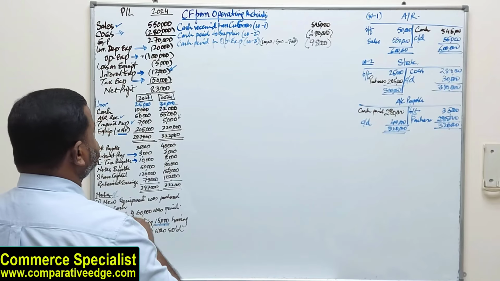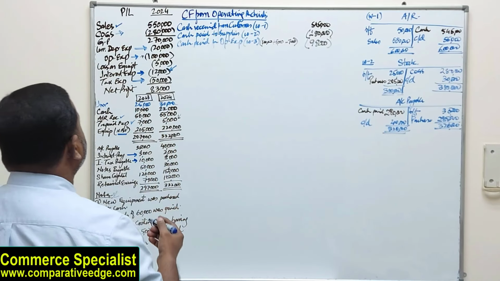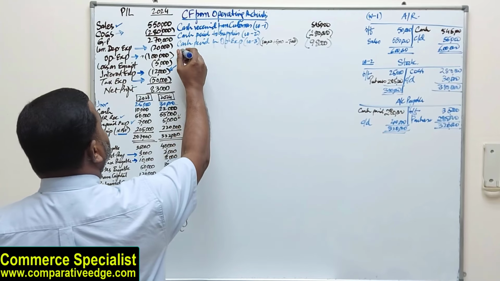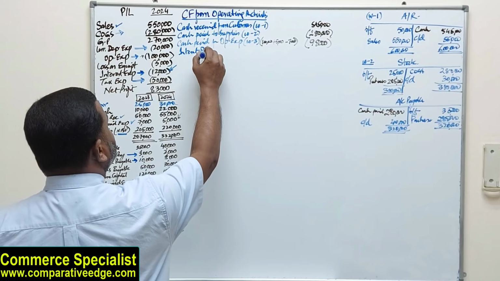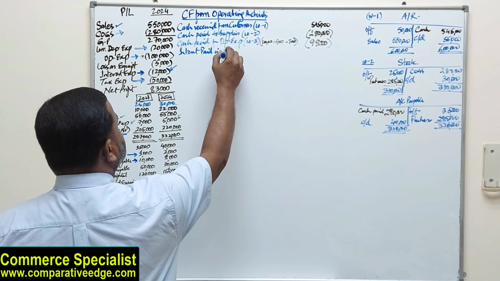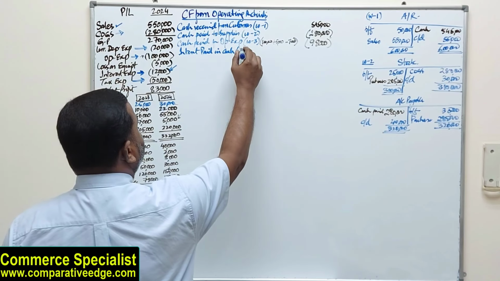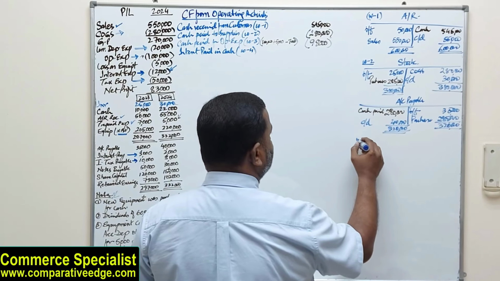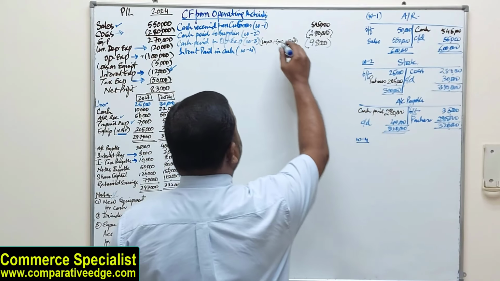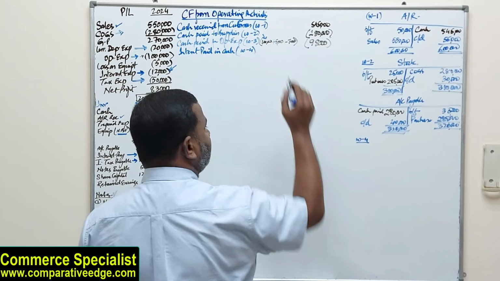Next is cash paid for interest, or you can say interest paid in cash. That would be your working number 4. So I am putting here working number 4. 3 I did here only, okay? This is 3.